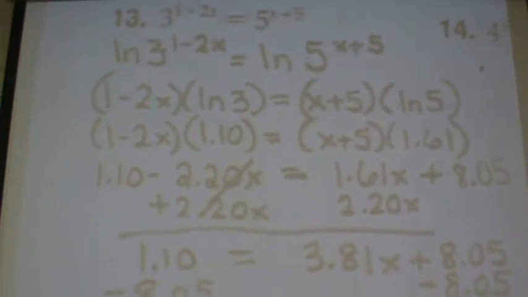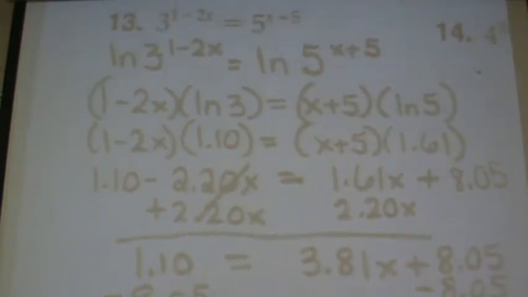So you should take the ln of both sides. You end up with ln 3 times 1 minus 2x, and ln 5 times x plus 5. ln 3 and ln 5 are just the decimal. 1.10 is ln 3, 1.61 is ln 5.